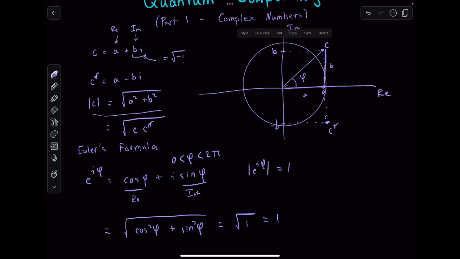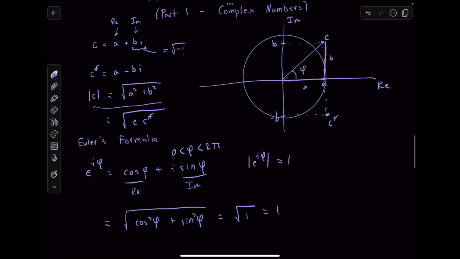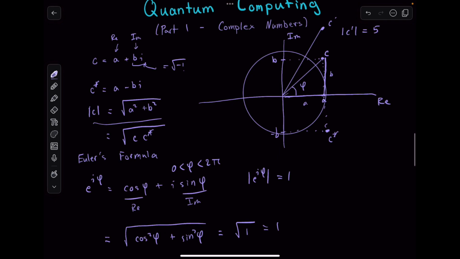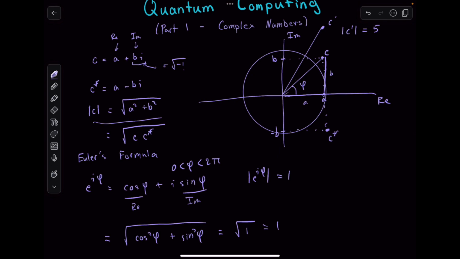That's good for us because we can use these points along the unit circle to specify an angle or a direction for any given complex number. So say we have some complex number all the way up here, we'll call it C prime, and it has a pretty big magnitude, definitely greater than 1. Let's say its magnitude is just 5 or something, and on top of that it has this angle here, which we'll call theta.